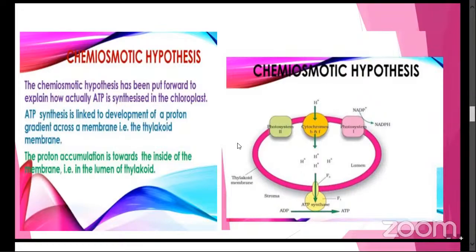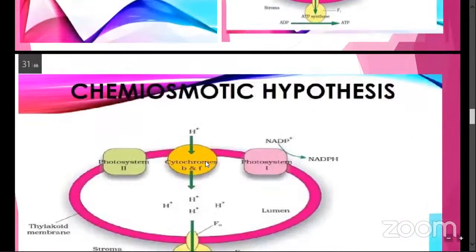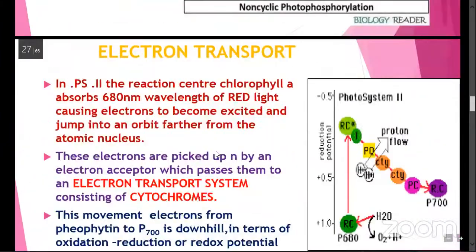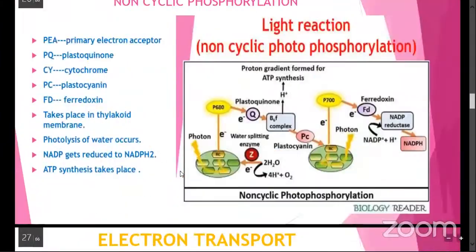Now, let us recall non-cyclic photophosphorylation. Look at this cycle once again. This is a part of the light reaction which takes place in thylakoids, and it involves two systems: pigment system 2 and pigment system 1, starting with pigment system 2.